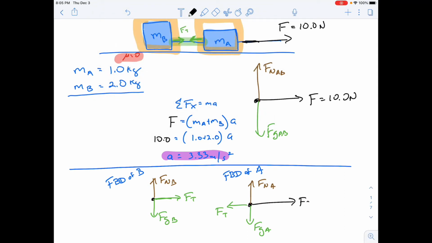And of course, the original force is what's pulling on A. Now note, that force here is only pulling on A, right? That's directly connected to A. So we can't connect that to B.